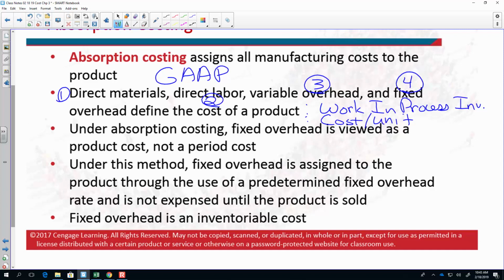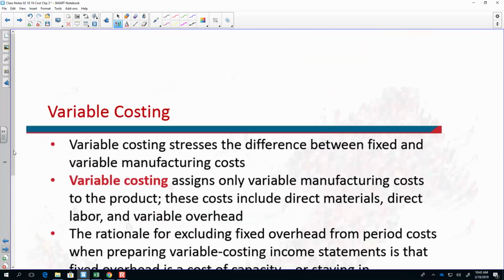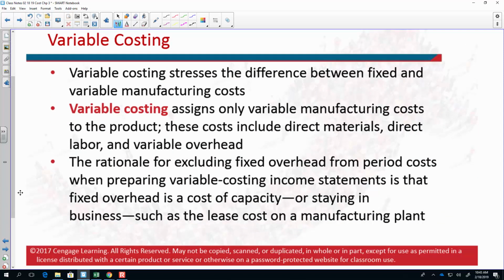That is absorption. Variable, on the other hand, excludes one of the parts. Still has materials, still has labor, and then only has the variable overhead. The fixed overhead is reported elsewhere as a period expense, not inventory.